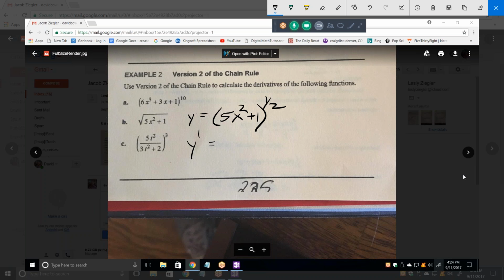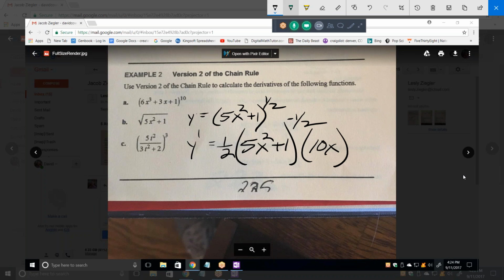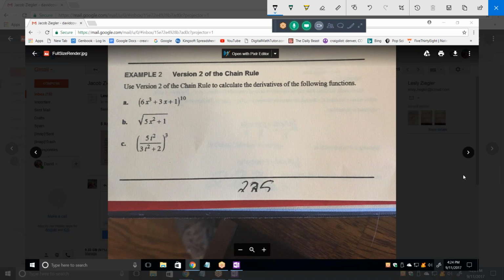Okay. What's the derivative of the outside? 1/2 times 5x squared plus 1 to the negative 1/2. Now what's the derivative of the inside? 10x. That's it. There you go. Now, C.